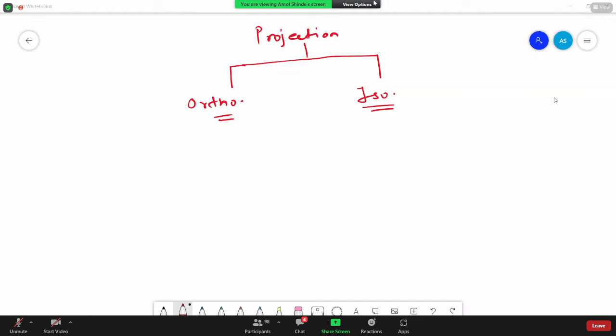Sahil Jagtap is there? Yes, sir. What is orthographic projection? It's a method of projection using parallel lines. Okay. What is isometric projection?